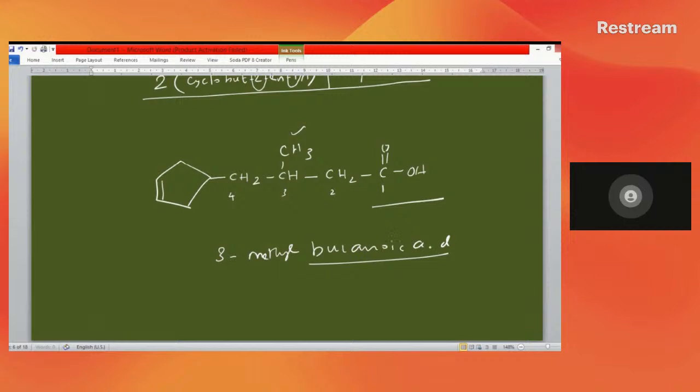And you should find out the ring is the branch. This is the ring. Where the ring is attached, it is present at the 4th position. What's the name of that ring? Cyclo, as it is having 5 carbon atoms in it, carbon 1, 2, 3, 4, 5. So we can call it cyclopent.